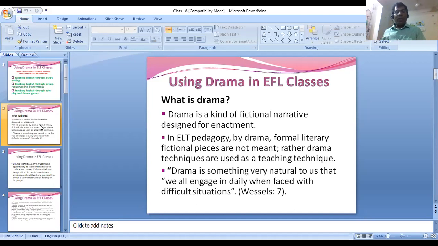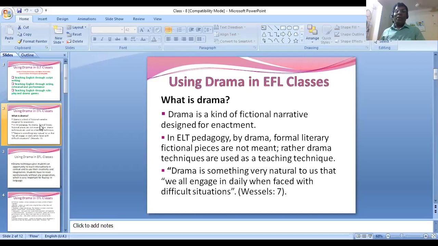language through drama. Wessels has said, drama is something very natural to us that we all engage in daily when faced with difficult situations. A very good definition he has given, a good definition of what a drama is.